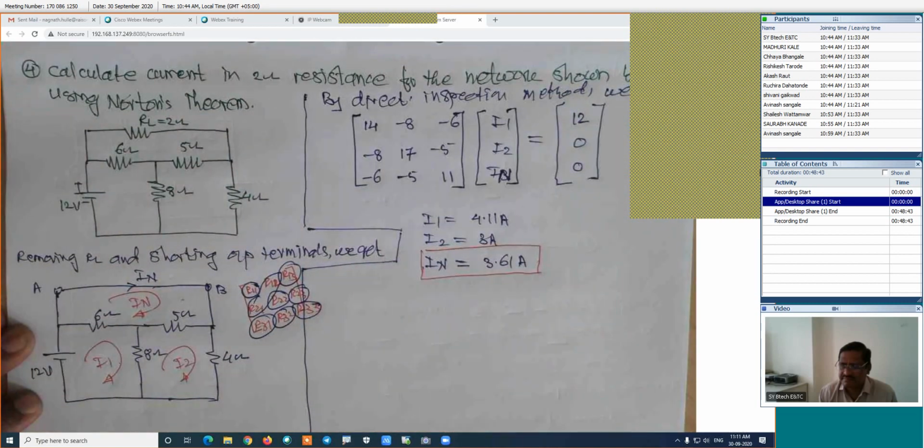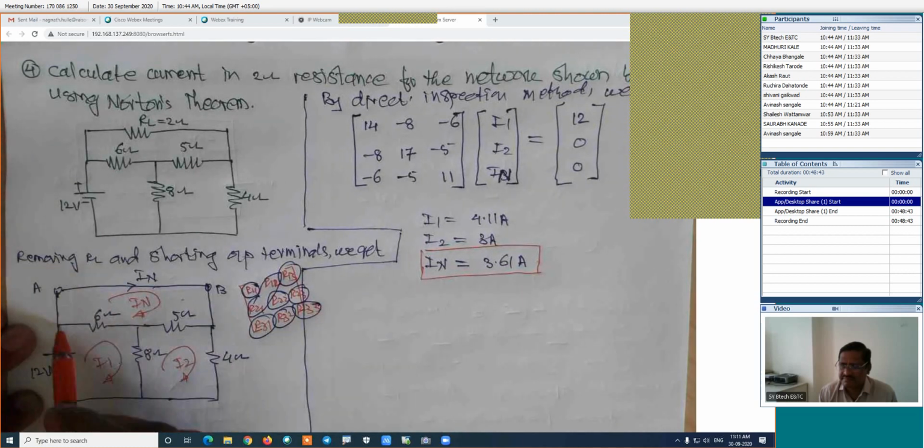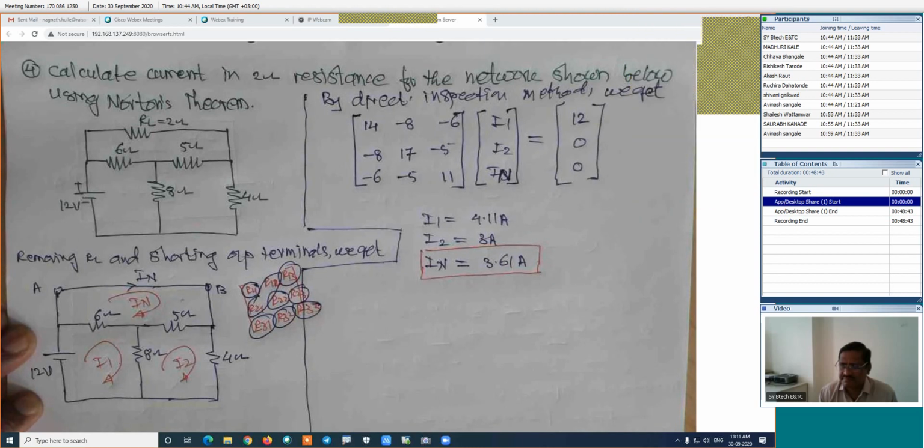Be careful, all of you. Whenever there is a short circuit, whenever this complete branch has zero resistance, don't use the nodal analysis method. In case of Thevenin's theorem, I preferred nodal analysis most of the time, because the chance of that resistance becoming zero is negligible.